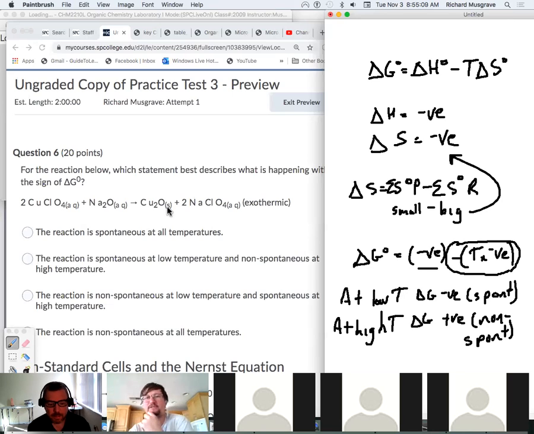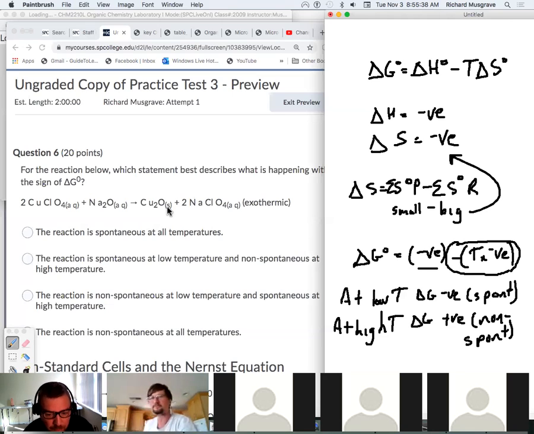When the signs are the same but they're both positive, it acts like opposite, right? So at low temperatures, delta G becomes increasing, and then at high temperatures, delta G is decreasing, right? Can you repeat that, Kyle? When the signs for delta H and delta S are both the same, yet they are both positive. So yes, then it'll be the opposite. That's exactly right.